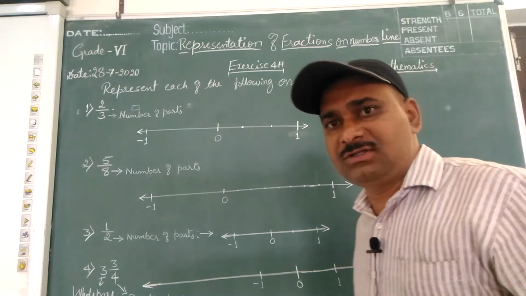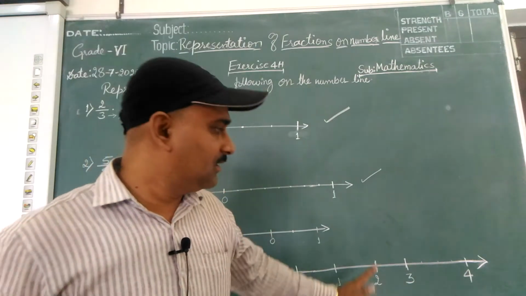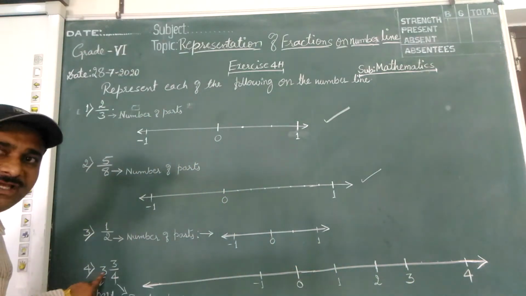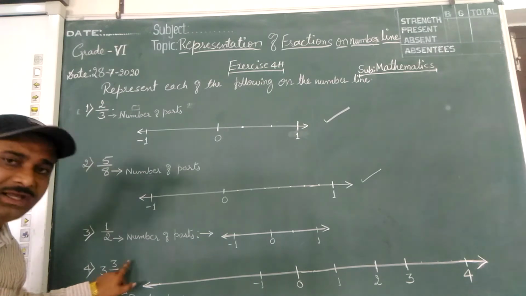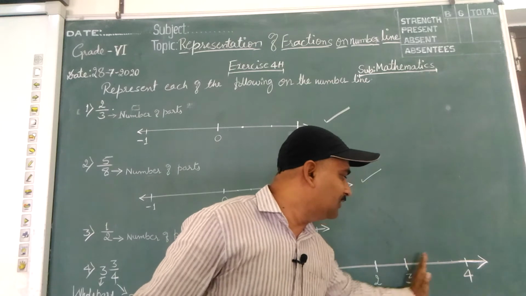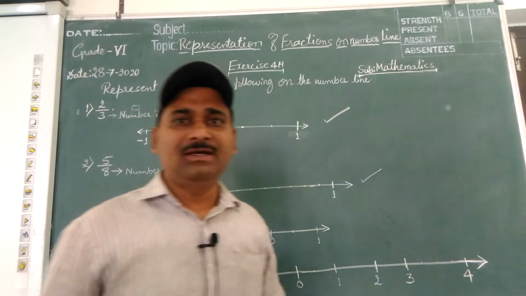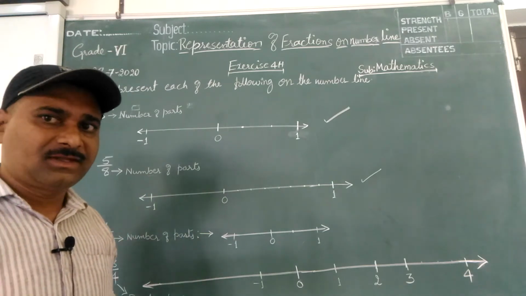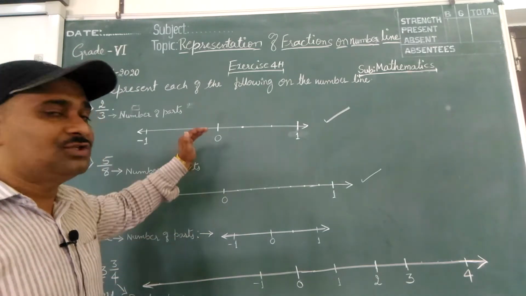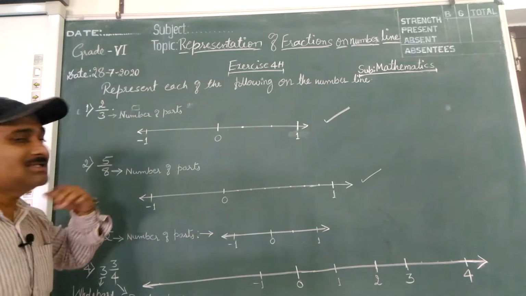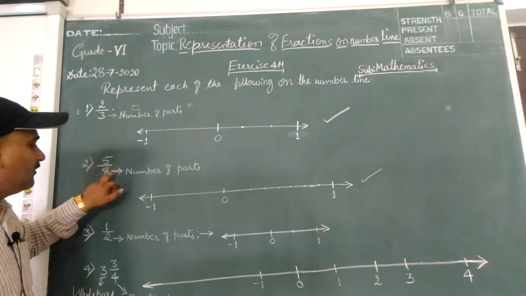Only for the fourth question I have written more than 1, because here the value is 3 and 1 by 4. After 3 we have to show the value. The value comes after 3. That's why you should make them 4 parts. This is clear. Now we'll show 2 by 3, where it comes and all. Okay. I have written something here, children, in the denominator for all the numbers.